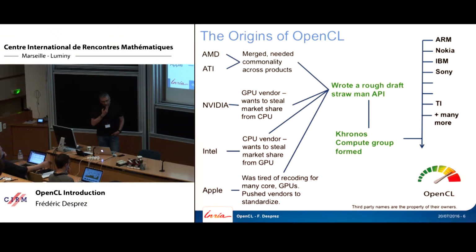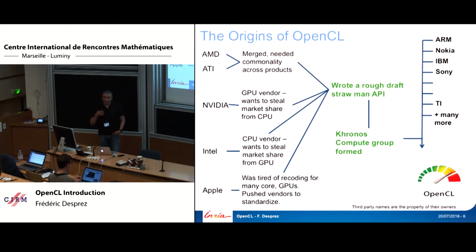It has been built by several private companies. First, Apple, who wanted to program this kind of platform. And they wanted vendors to try to standardize the way to program these applications. Of course, at the time they started, NVIDIA was the main provider of graphics cards, and they had CUDA to program this kind of platform.